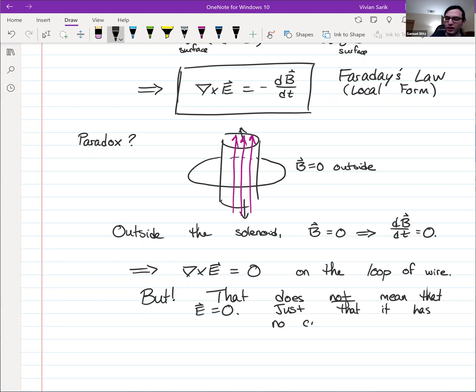And I mean, that's kind of obvious from the definition. But the point is you can have electric fields that still circulate even though the curl is 0.